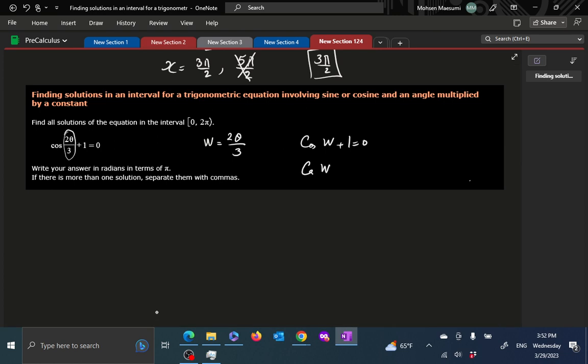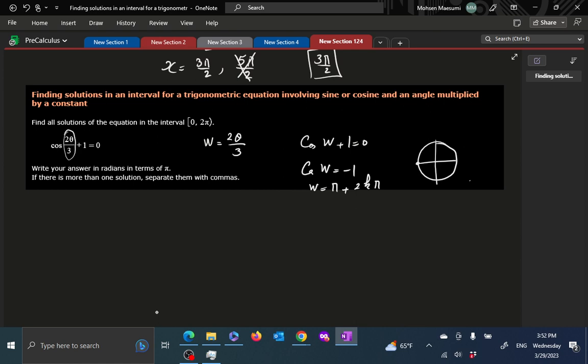So cosine of W is equal to minus 1. Cosine of W equal to minus 1 means we are right at this corner, where W has to be pi. To that, I can add any multiple of 2k pi. So I can go around an odd multiple of pi and I'll be all okay.